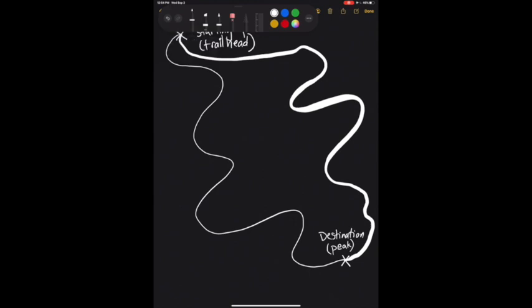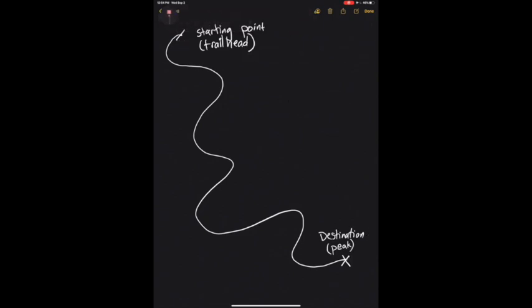Now, ultimately, we don't have to worry too much about making a mathematically optimal trail.